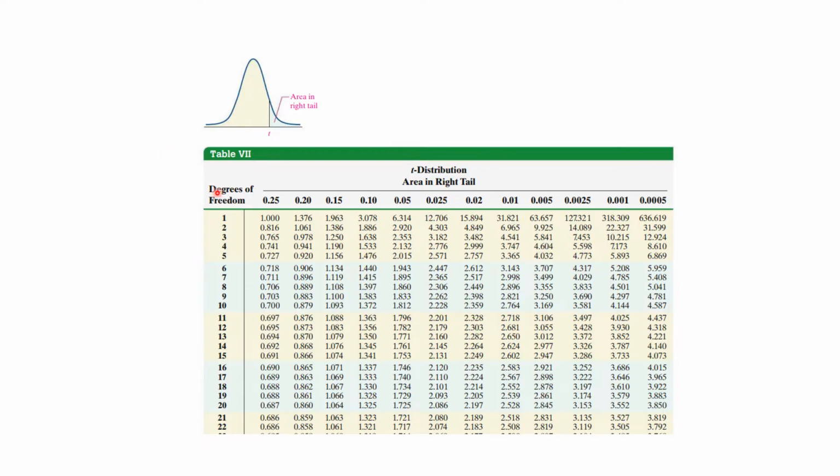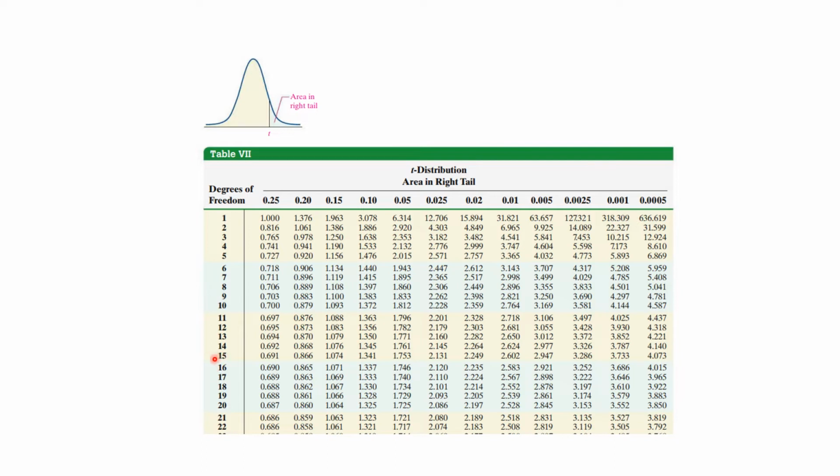This is what the t-table looks like. This is Table 7 in your book, and this will be provided for you for the final exam. So let's talk about the table. This is the degrees of freedom that go down this column, and the degrees of freedom are always n-1. So if the sample had 16 data points, then n-1 would be 15.